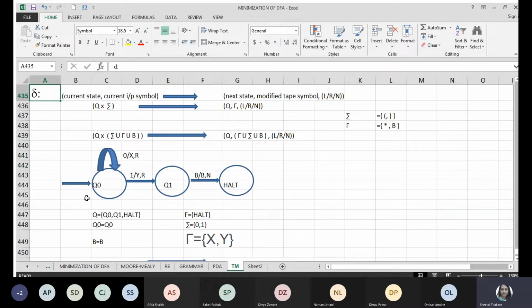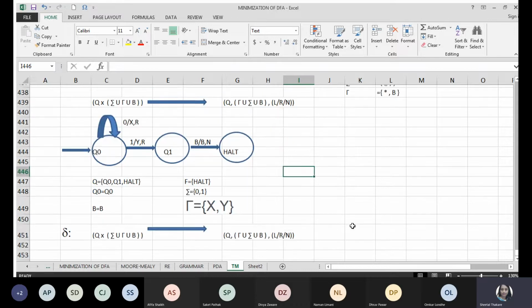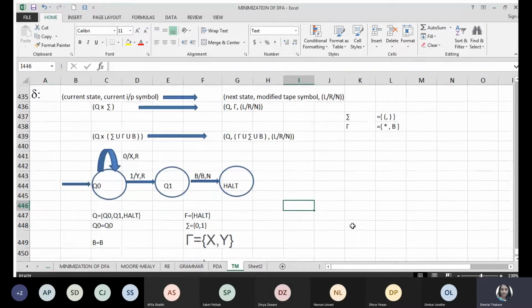In that case also the mapping of the transition function differs. Even if you consider NFA and NFA with epsilon, the transition function differs. The difference is very minor, of 1 or 2 symbols, but the function is not the same.